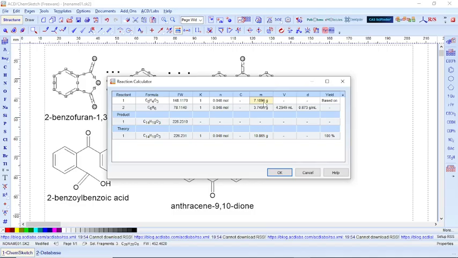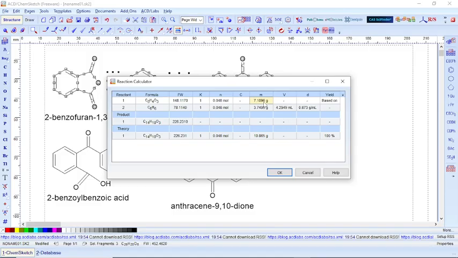So it assumes that what you are using is 7.1095 gram. But the best is using the advanced software that can actually also calculate the volume of water required.